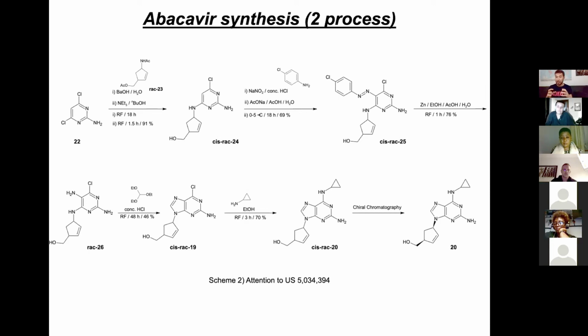But on this stage, it's very important to understand that at the start, all of our products in the 80s and 90s, even now, for example this doravirine from MSD, they still produce with a chiral chromatography because at the start you need to separate.